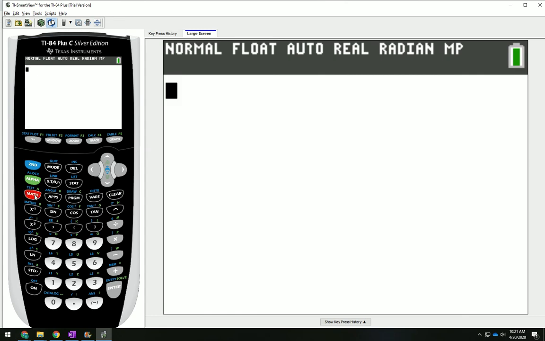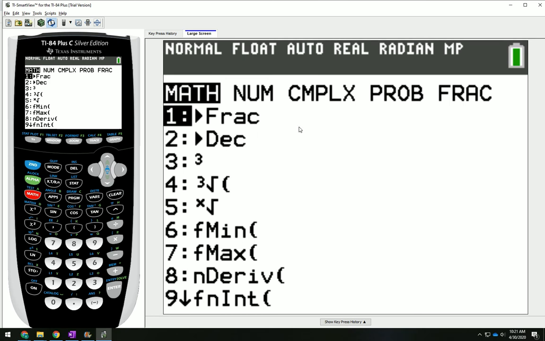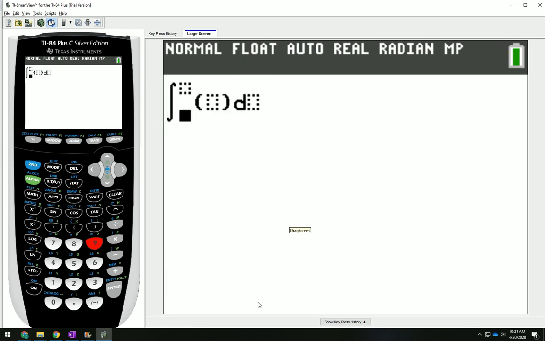If you click on the Math button on your calculator, you pull up a whole bunch of different menus, but in this first menu in Math, you'll notice that down at option number 9, I have something called fnInt, and that stands for an integral. I have a fancy calculator, and so it allows me to have this fill-in-the-blank template, and you may not have this. If you don't, don't worry, I'll explain how you can type stuff in in just a moment.